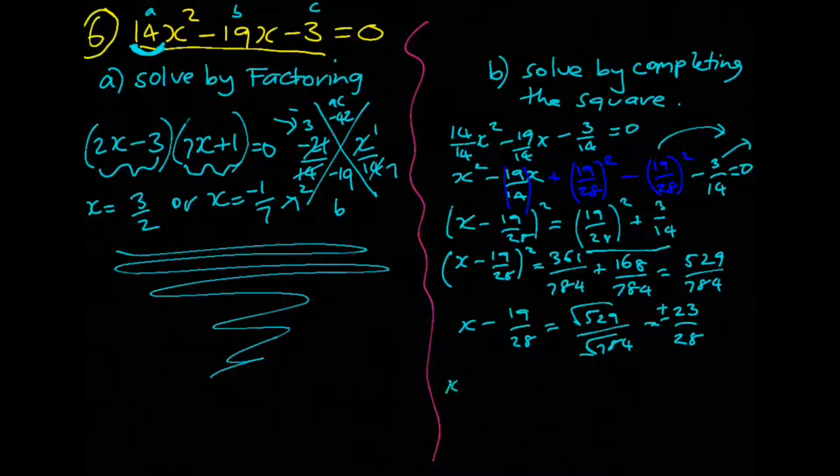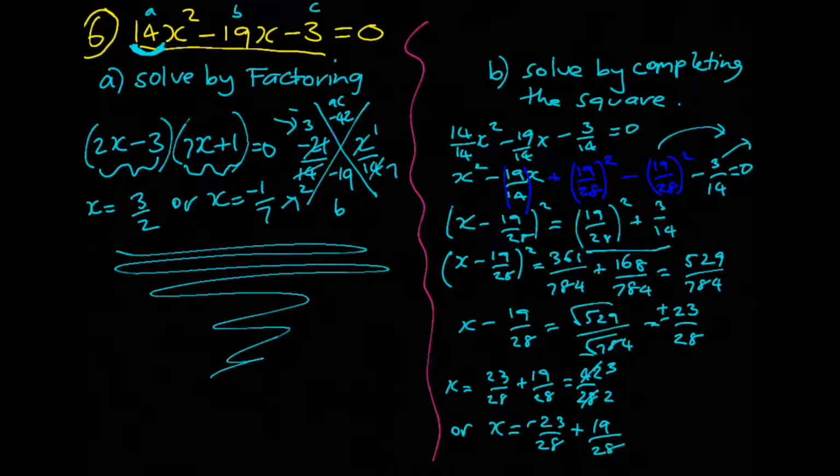So x is equal to 23 on 28 plus 19 on 28 equals 42 on 28, and that breaks down to 3 on 2, or x equals negative 23 on 28 plus 19 on 28, which equals negative 4 on 28, and that breaks down to negative 1 on 7.